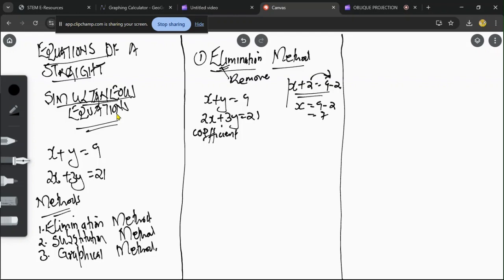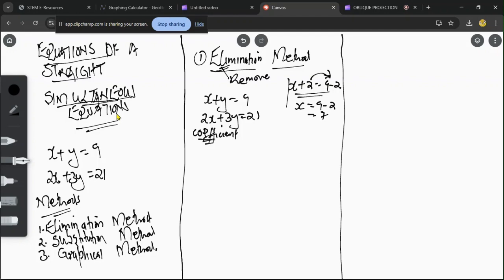So if I want to eliminate x, here the number that comes before x here is 1. That is why it's not written. But the number that comes before x here is 2. So if I want to do away with x, I remain with y. So what I do, I make sure that the number that comes before, that number is the one that I'm calling coefficient.